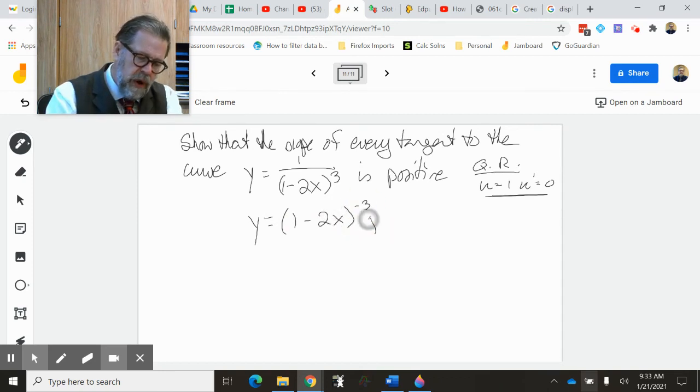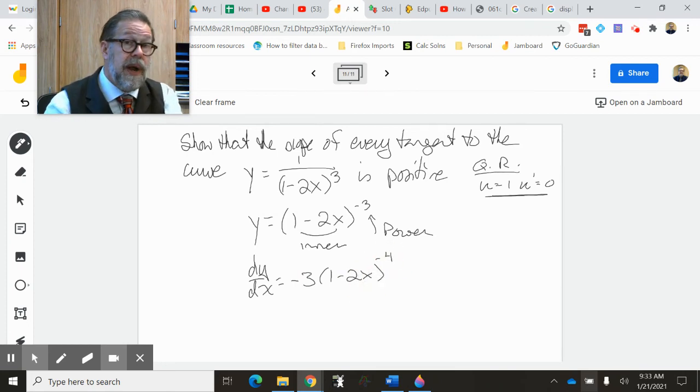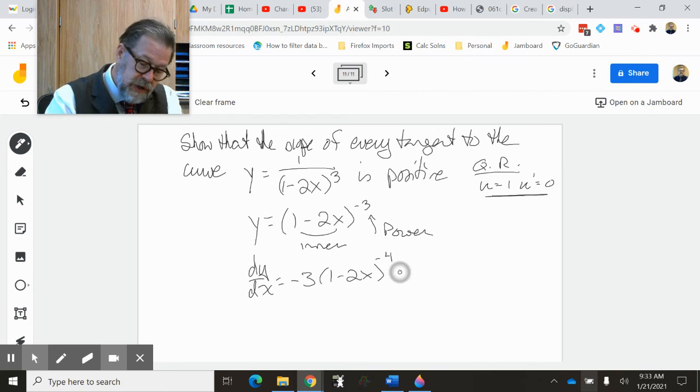And now we've got a power and we've got an inner function. So the derivative of y with respect to x is equal to negative 3 to the negative 4, remember we're subtracting 1 from the negative, times the derivative of the inside, which is negative 2. And so doing a little simplification, I get 6 over 1 minus 2x to the 4th power.